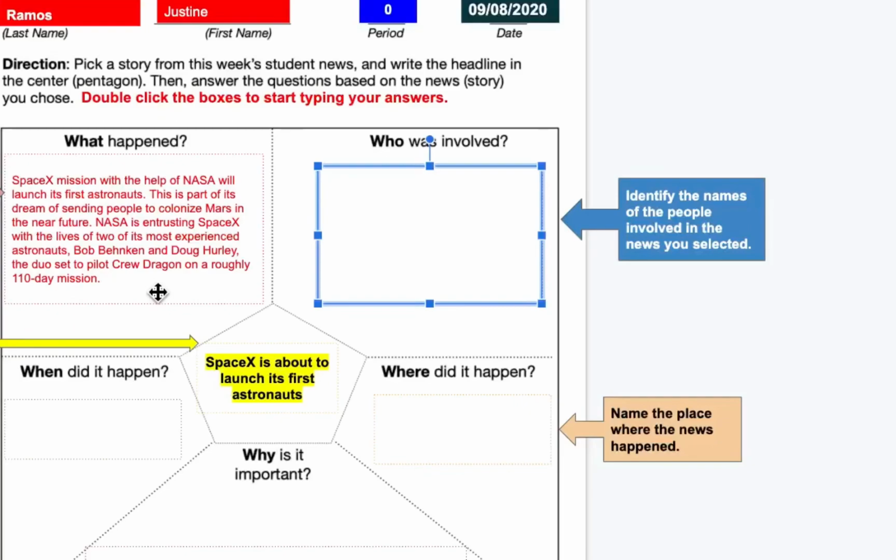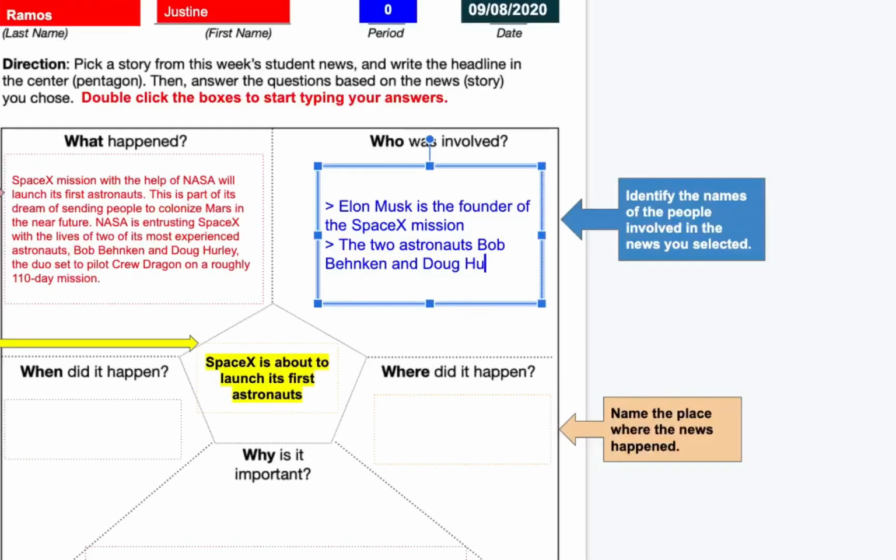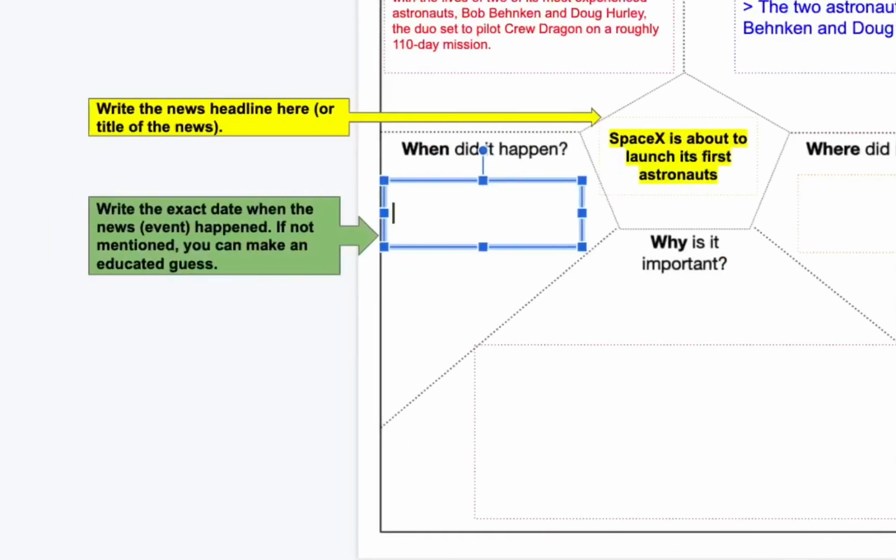Now let's go to the next question. Who was involved? So it's asking about people. So based from what I read from the news, these are the people who are involved. Elon Musk, the founder of SpaceX mission. There are 2 astronauts, Bob and Doug, or astronauts Behnken and Hurley. So that's pretty easy. Let's go to the next one.